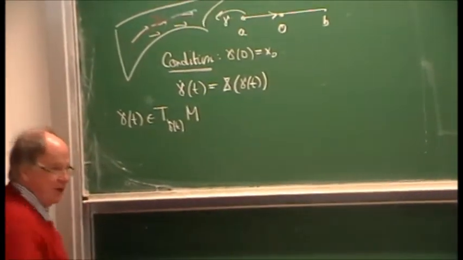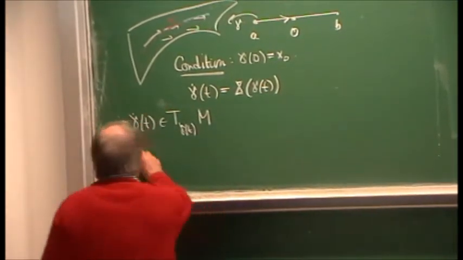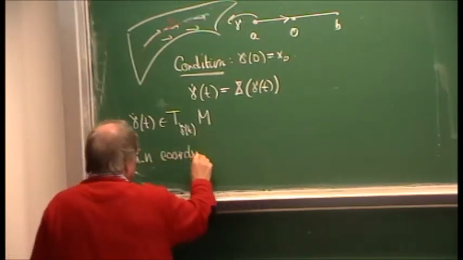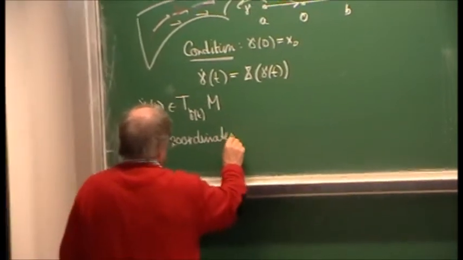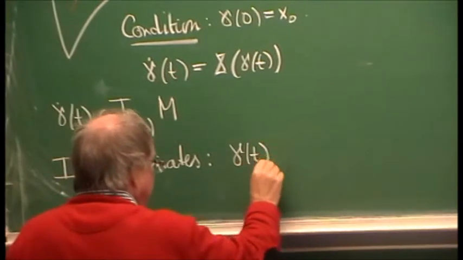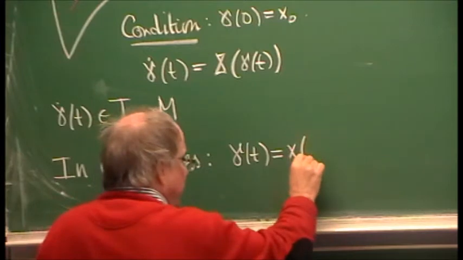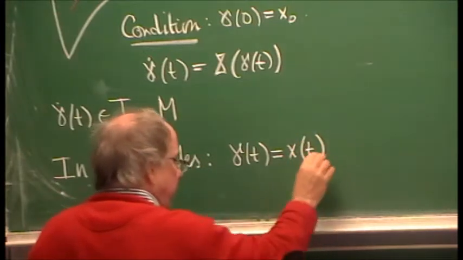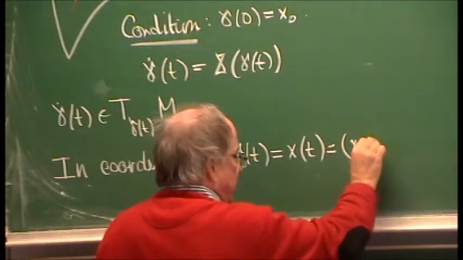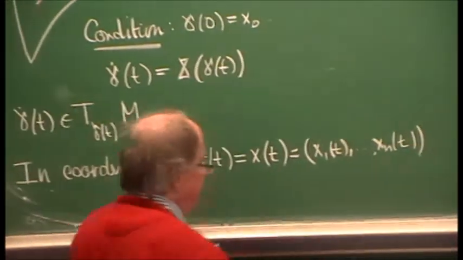Some confusion about the notation last time, so let me just repeat what we talked about. So in coordinates, so local coordinates in some coordinate chart. I will always write, you can write gamma t if you want, but I want to remind you that gamma is a curve, so you can apply the coordinates to the curve and get a coordinate version of the curve, x1 of t through xn of t in the coordinate chart according to the curve.